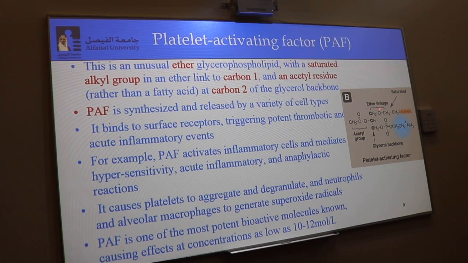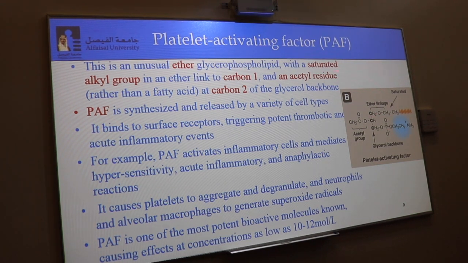Here we have a saturated hydrocarbon chain this time. And another exception is that instead of having a fatty acid here, we have an acetyl group. Here the non-polar side is less, because we have only one non-polar group instead of two.